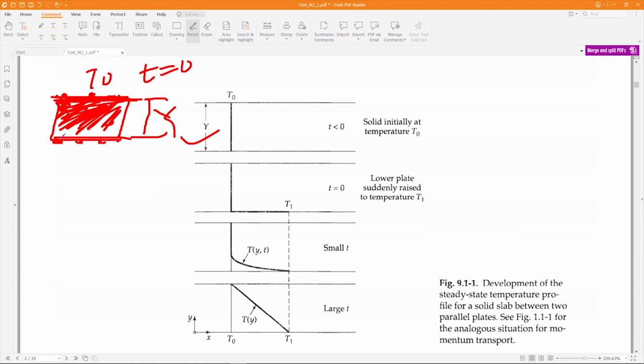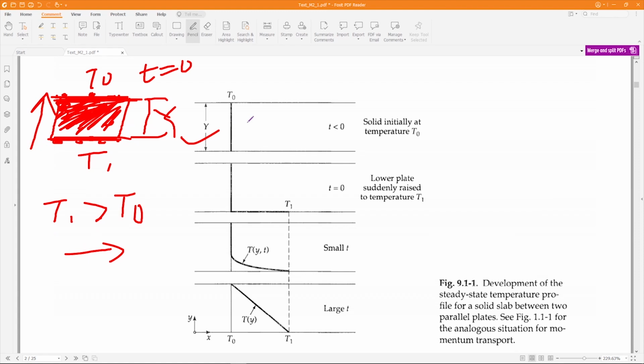Suppose you bring this surface to temperature T1. What will happen? Let's say T1 is greater than T naught. Definitely heat transfer will take place from higher temperature to lower temperature, so heat transfer will happen in this direction.